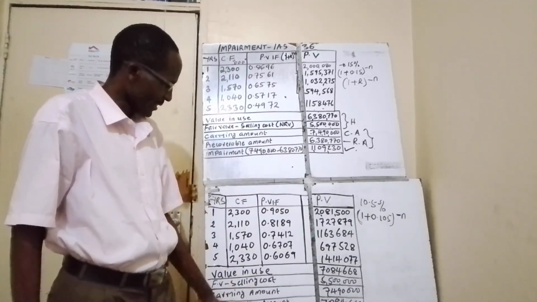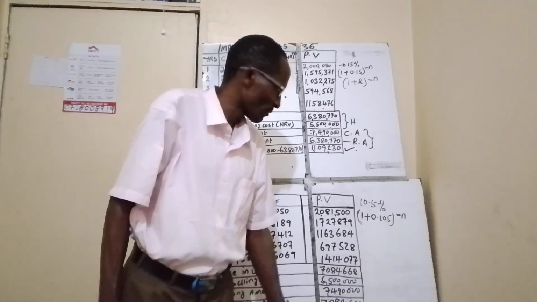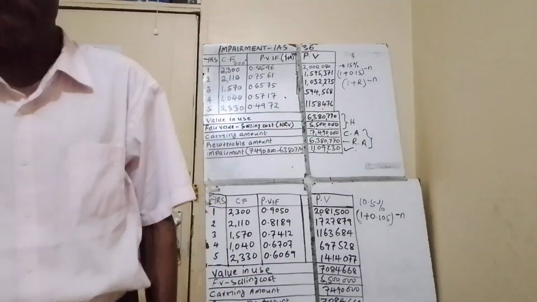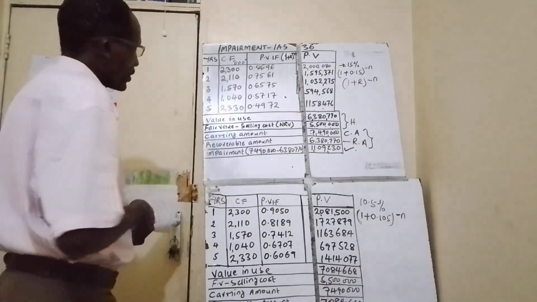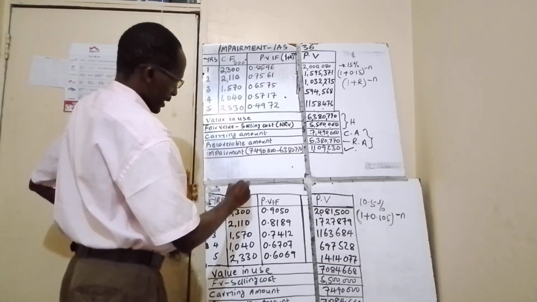Now I want to do the last illustration using 10.5% as my rate. I'll use the same approach, only that I will be using a different rate. So that is illustration 1. Now we come to illustration 2.